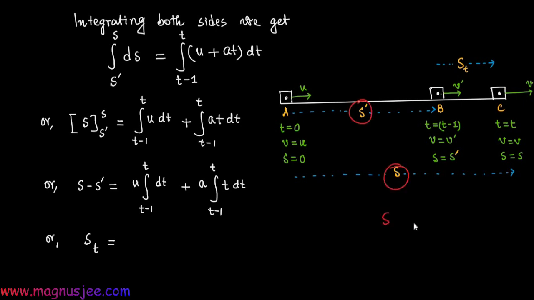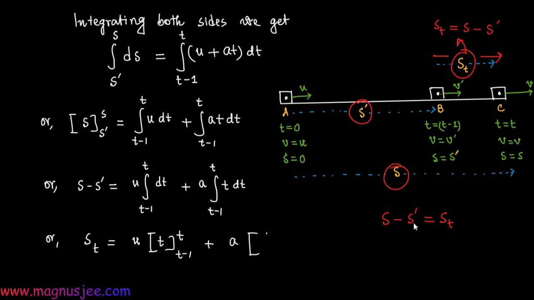In the diagram we have s and s prime, and s minus s prime is equal to s t. S t is the distance traveled by the body in the tth second, that is, in the last 1 second. It is obtained by subtracting s prime from s, that is, by subtracting the distance traveled in t minus 1 second from the distance traveled in t second. We get u [t] from t minus 1 to t plus a [t square by 2] from t minus 1 to t.